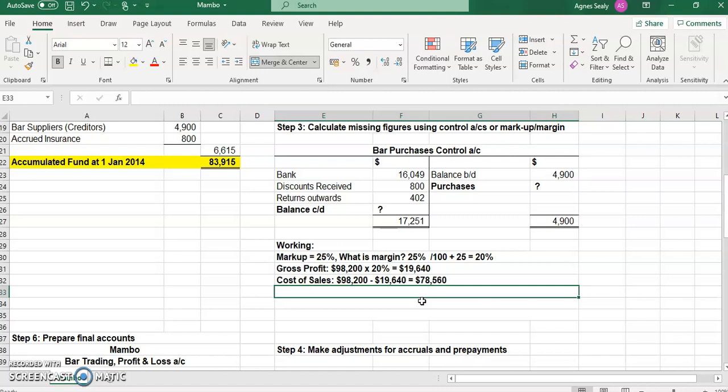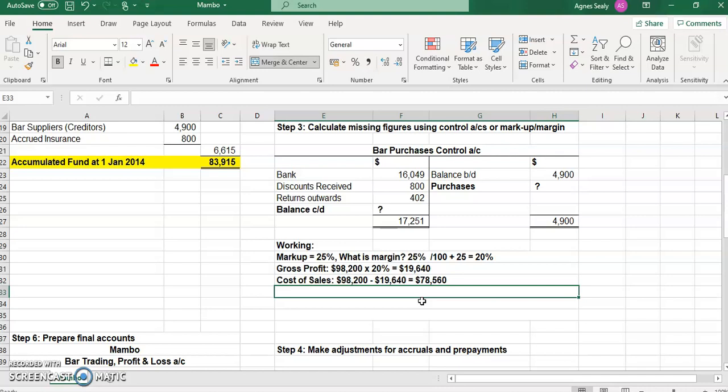And remember, in the last series, we went through the concept of how we arrive at cost of sales in the first place. We said your cost of sales, the basic formula, would be your opening inventory, add your purchases, minus your closing inventory. It will give you cost of sales. And we said if you have to make any adjustments for your purchases, those adjustments will be included as well.